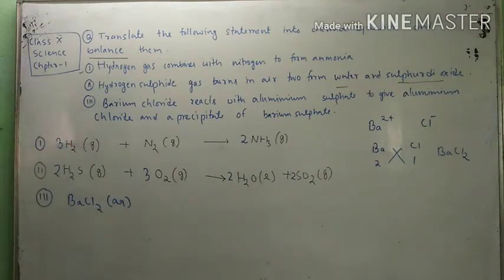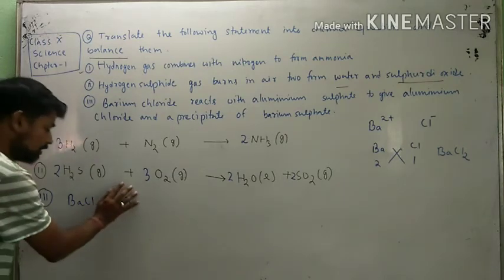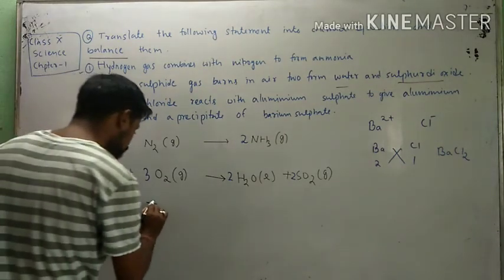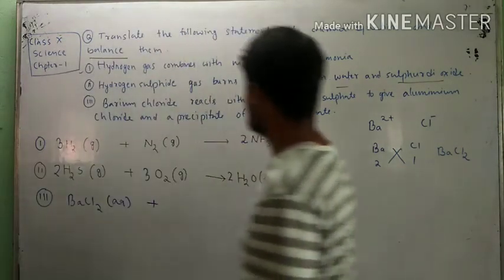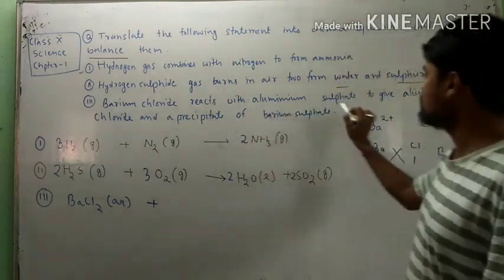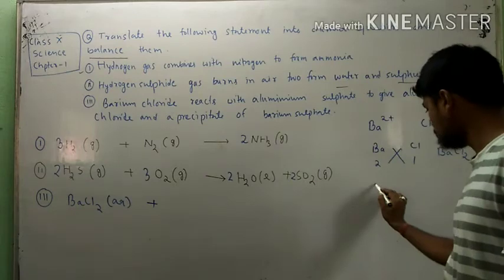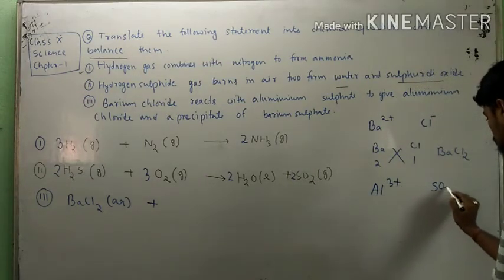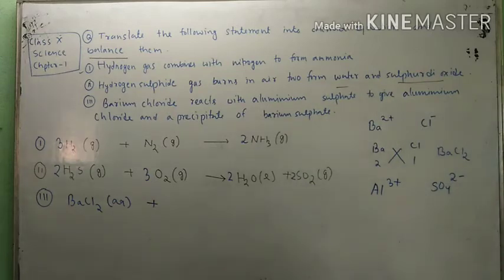So we identify the formula of barium chloride, which is BaCl2 aqueous. If you don't understand whether it is aqueous or solid or gas, then better you don't write it. Just write the formula. Now, what is the question? Barium chloride reacts with aluminium sulfate. We know that aluminium is written as Al3 plus and sulfate is SO4 2 minus.